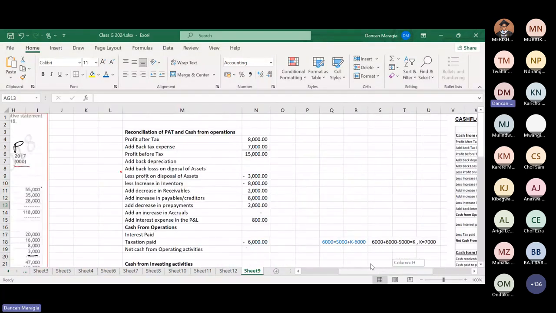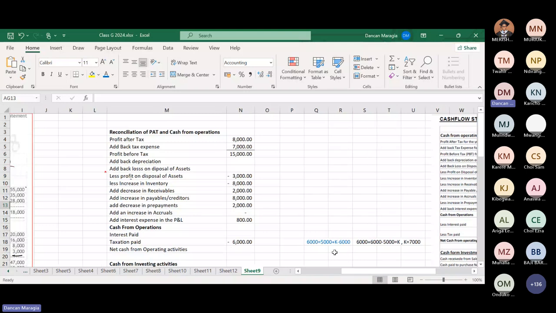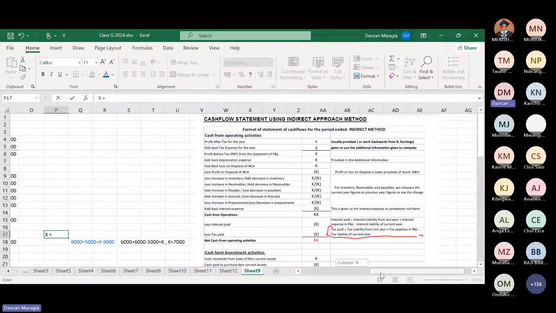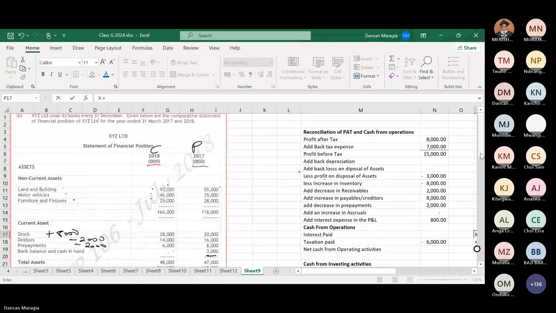So interest paid, we don't have it, is what we are looking for, K. Interest liability from the previous year was how much?